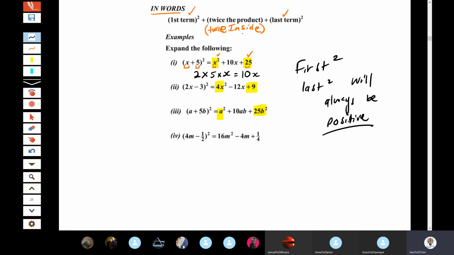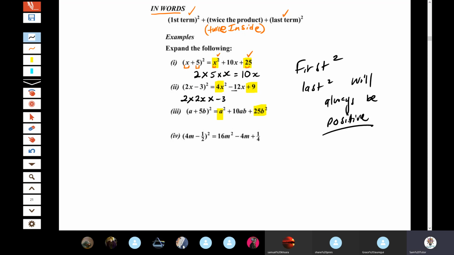And then we've got twice the inside. So 2 times the inside, which is 2x times negative 3. 2 times 2 is 4. 4 times negative 3 is negative 12. And then you put an x. So negative 12x.